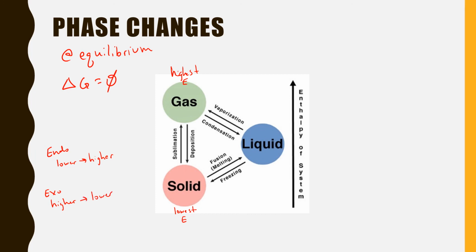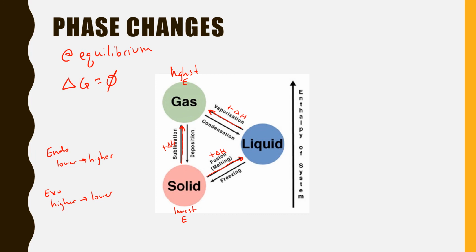So let's look at the delta H's for all of these phase changes. A solid going to a liquid is melting or fusion. Since I'm going to a higher energy state, then that would be endothermic, so I get a positive delta H. Liquid going to a gas is going to a higher energy state, so we get a positive delta H. And a solid going to a gas, which is sublimation, is also going to a higher energy state, so I would get a positive delta H for that.